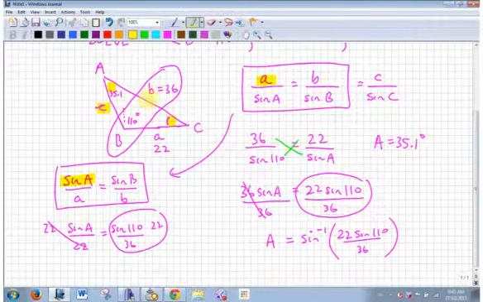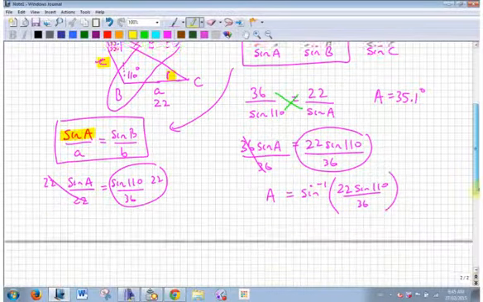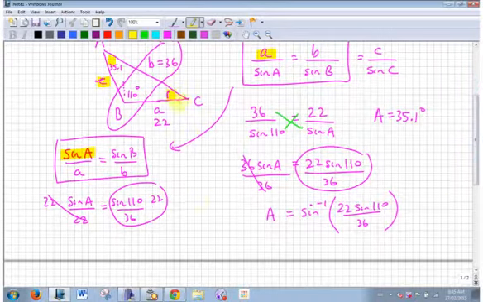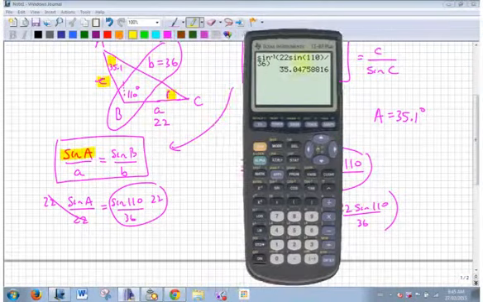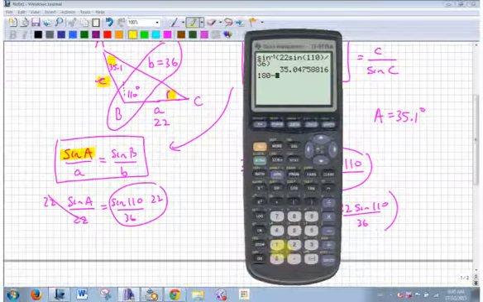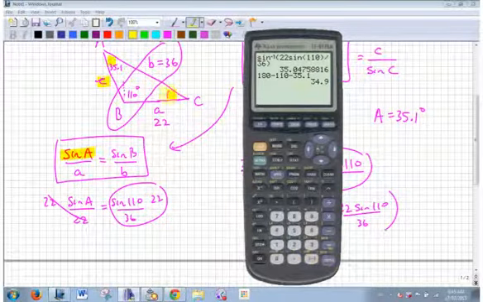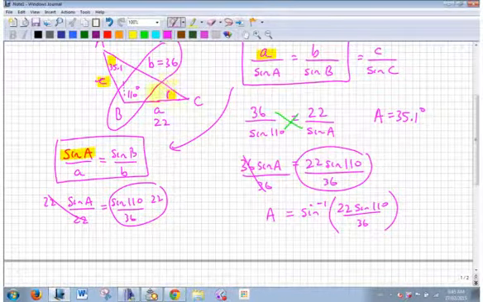So now that that's 35.1, what else do I need to get? I need to get this angle, and I said the easiest way was to go, well, I know there's 180 degrees in a triangle. So let's subtract that guy. Let's subtract that guy. And looks like that C is 34.9.